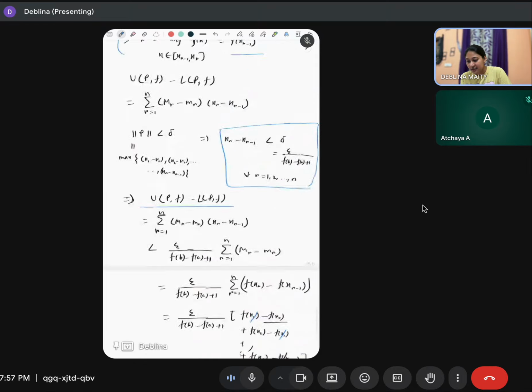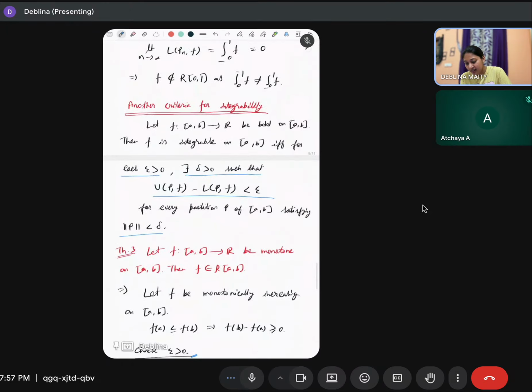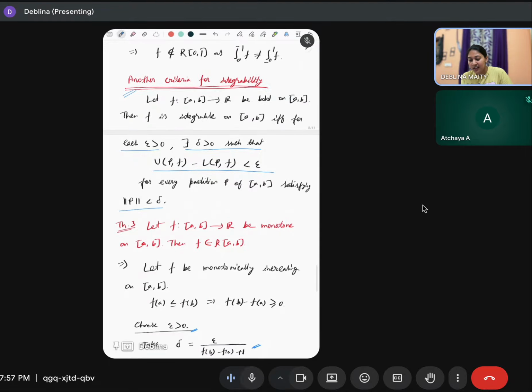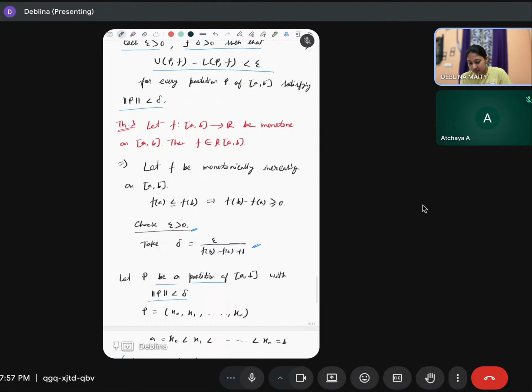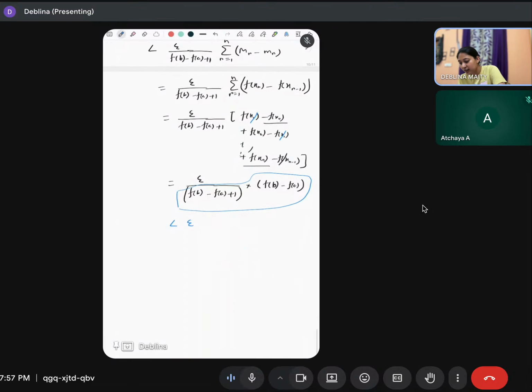So this satisfies the criterion. That's why f is Riemann integrable. Any monotone function is Riemann integrable on [a, b].